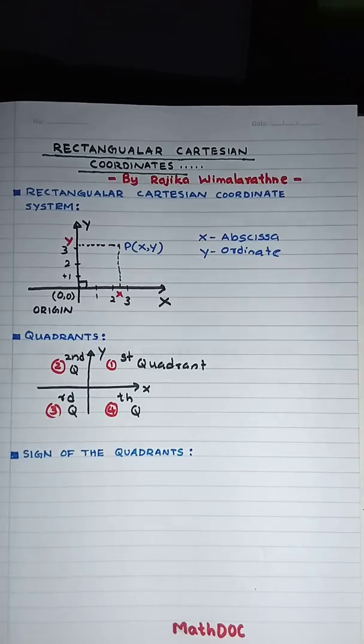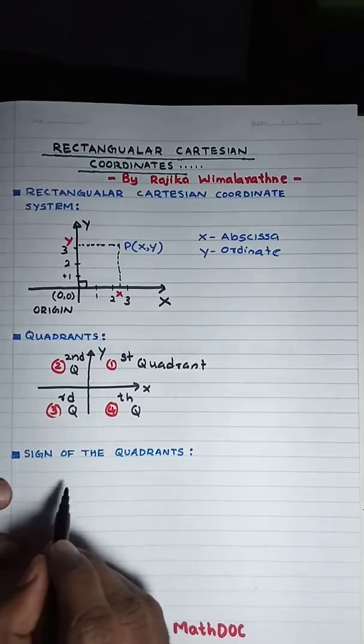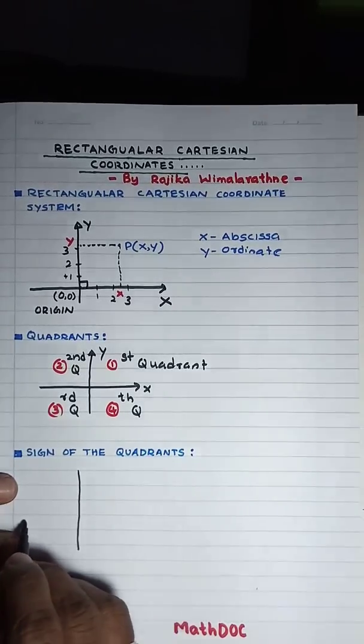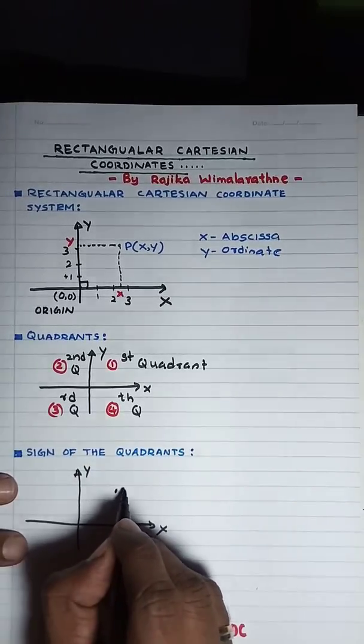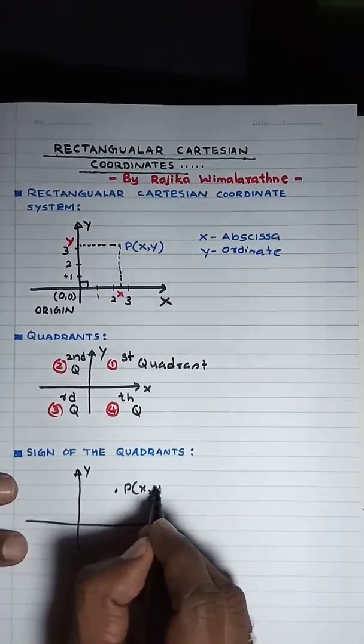Then the signs of the coordinates in the quadrants. Consider the x-axis, y-axis, and a point P, x comma y.